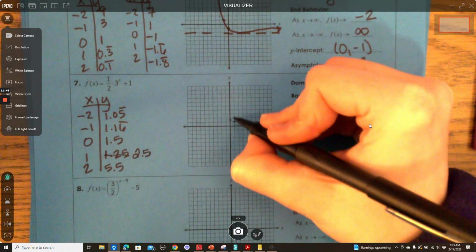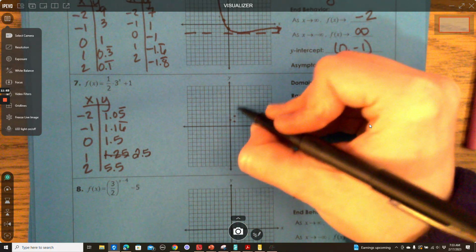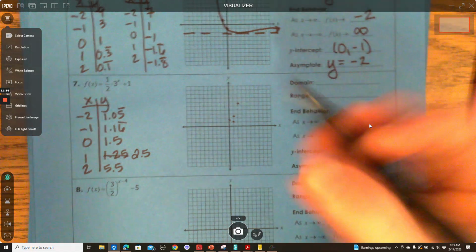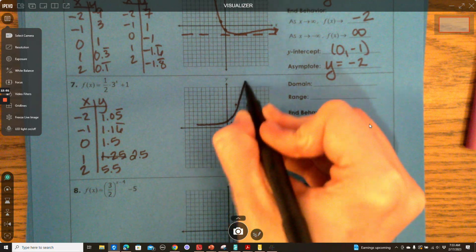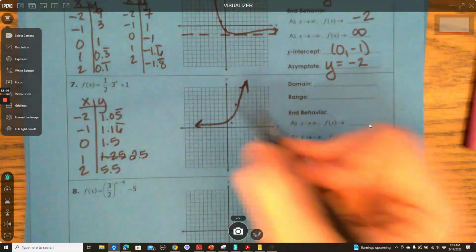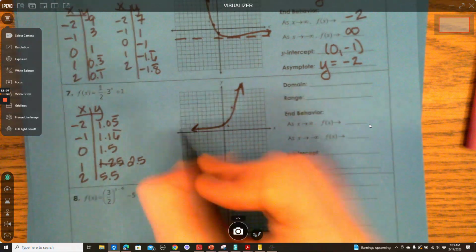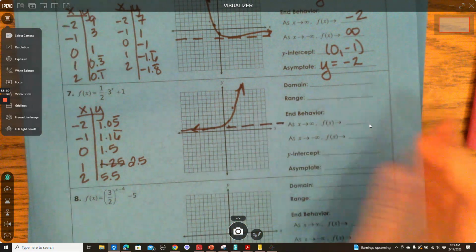So 1 and 2.5, and then 2 and, 1, 2, 3, 4, 5. And so this is my asymptote here now.